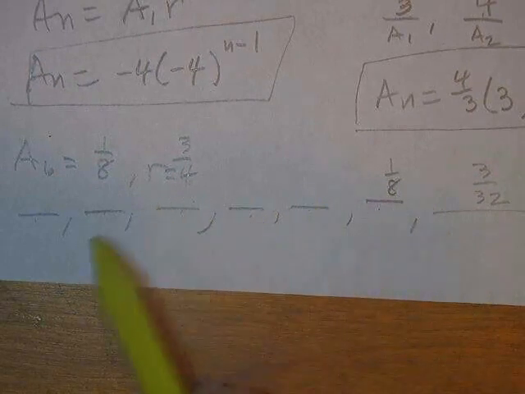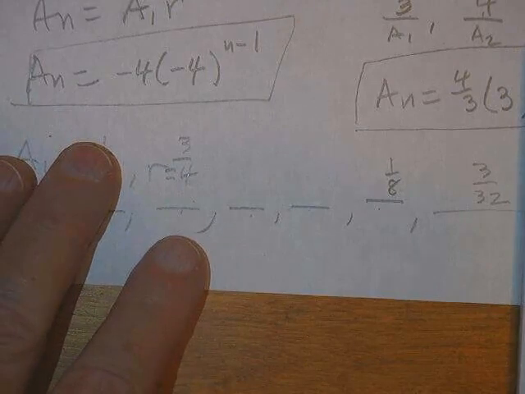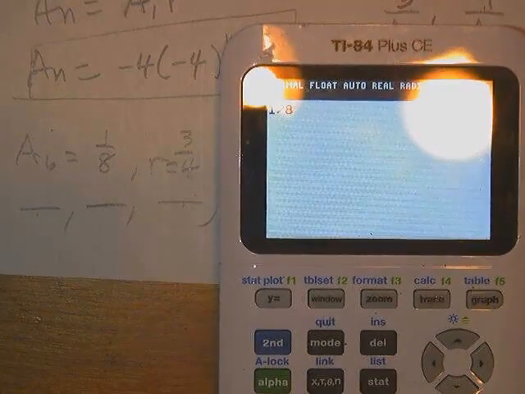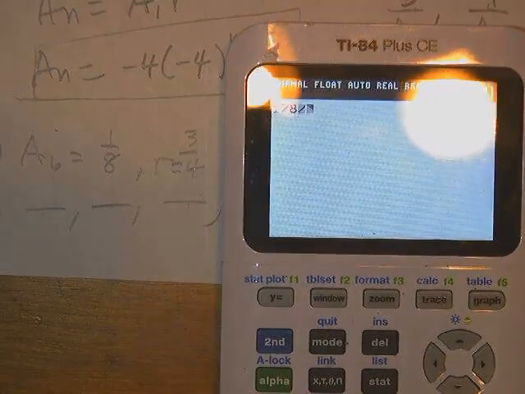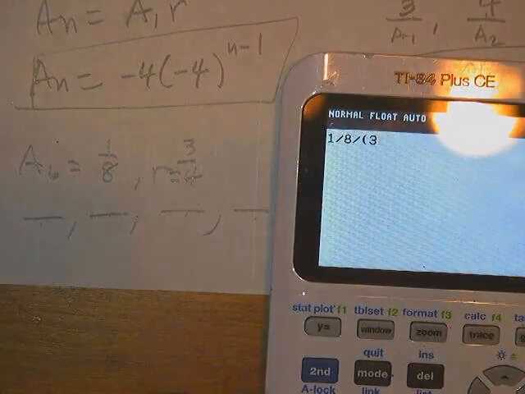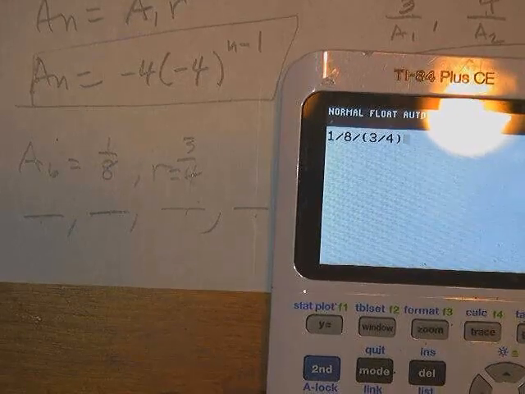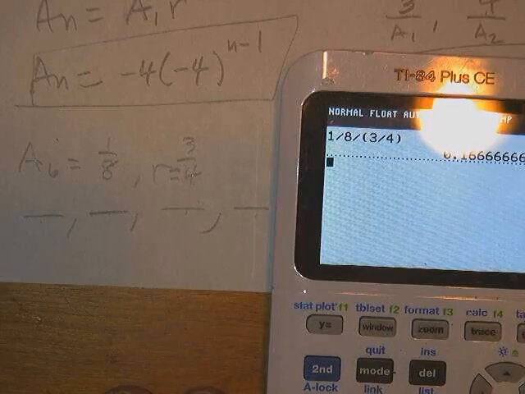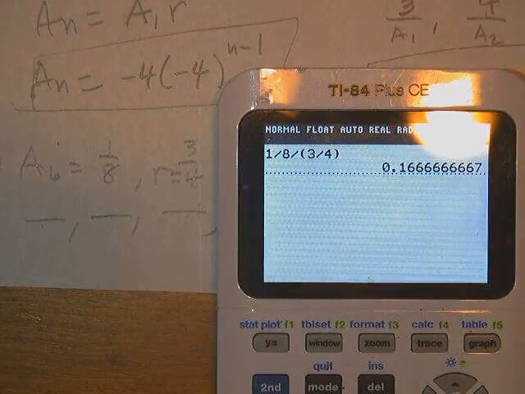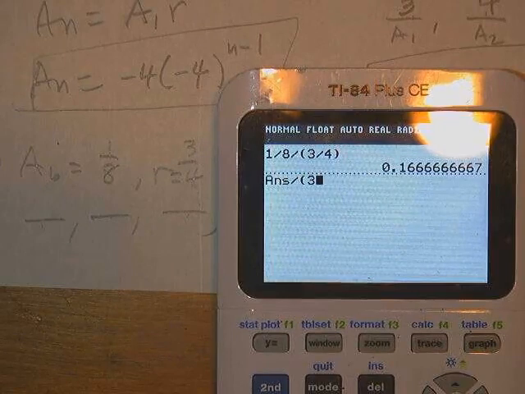So if you go this other way, you're dividing. So let's do that. Let's take an eighth and let's divide that by 3/4. So there's this term. And let's divide that by 3/4 again.